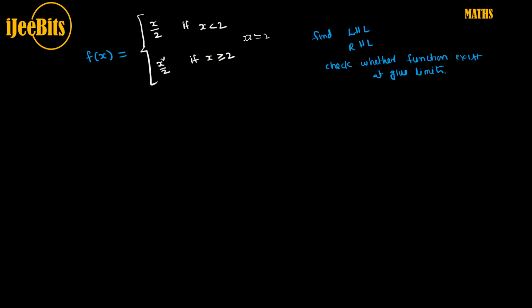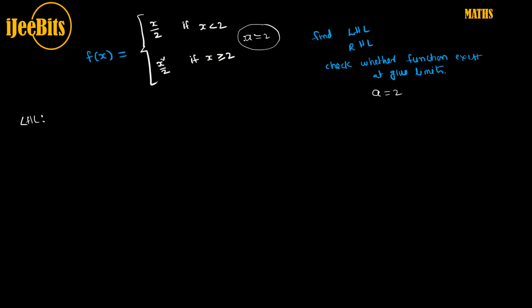Let's find out whether the function exists at a given limit. What is a given limit? This one. This is a given limit. When a equal to 2, you see whether the function exists. Meaning straight away you can understand you have to define LHL and RHL, whatever the equation would be. So now you see LHL, right? How do you write LHL?